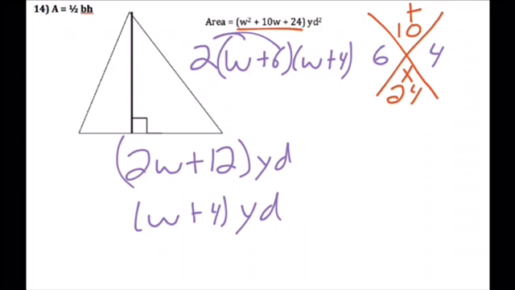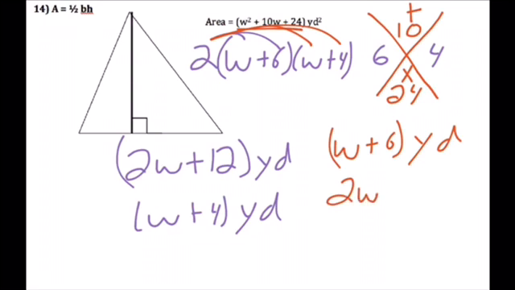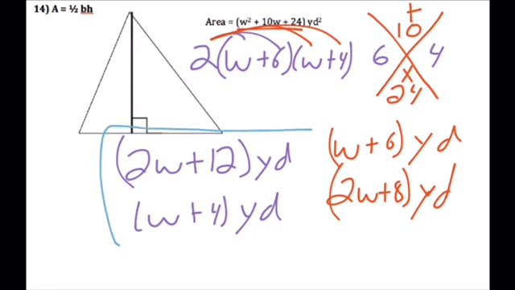Or we could multiply the 2 through this one, which means we would have W plus 6 yards for our base or our height, and 2W plus 8 yards. So either way would work for this problem.